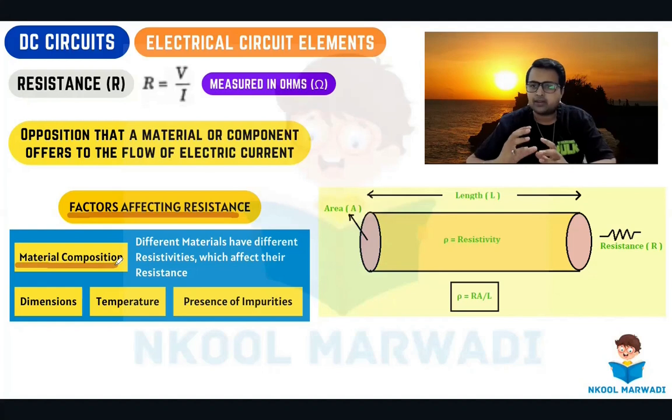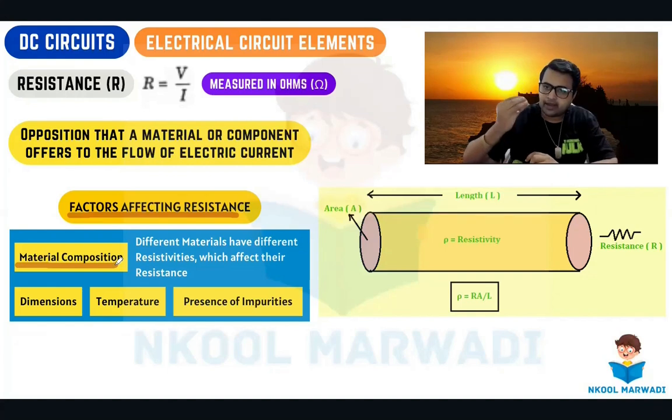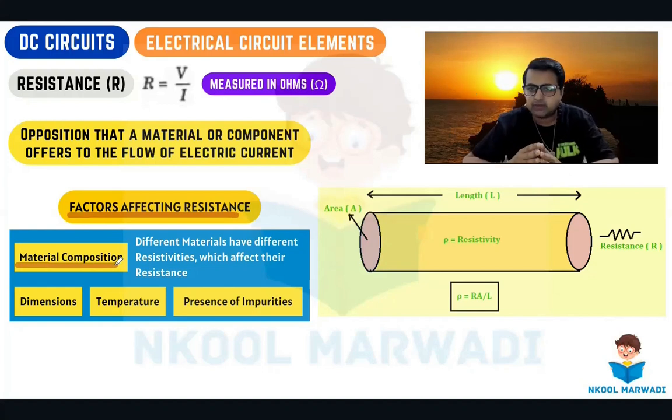Metals are normally solid and have free electrons, which enable the flow of electrons. So the resistance offered by metals will be very less, because whenever I apply a potential difference across them, current will flow very easily.